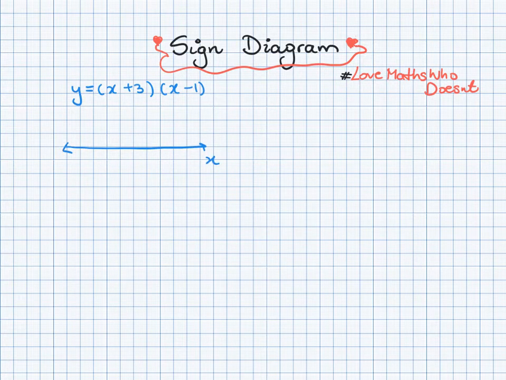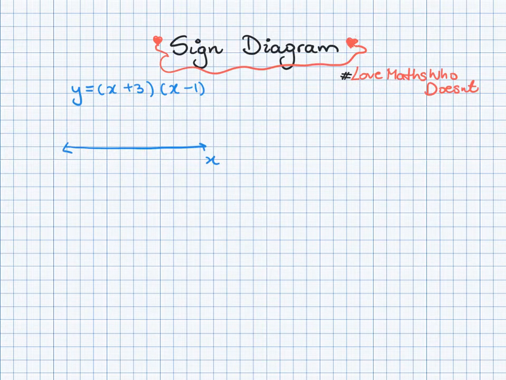In order to draw the sign diagram, what we did before was look at the graph and check if the graph is above or below the x-axis. Now we don't have the graph, we do have the function, y is equal to (x plus 3) times (x take away 1).